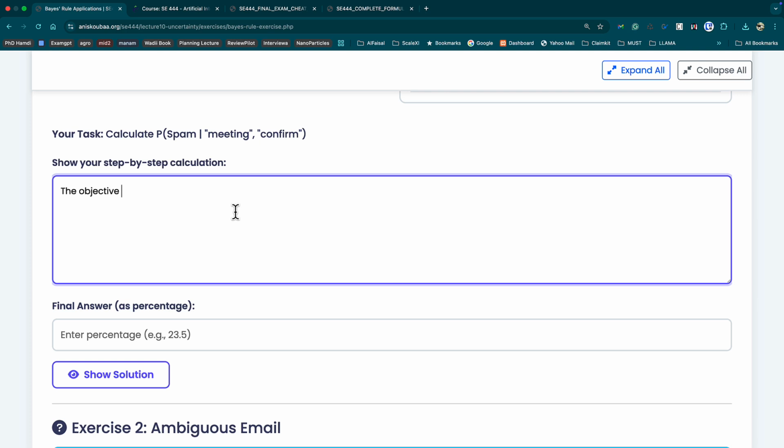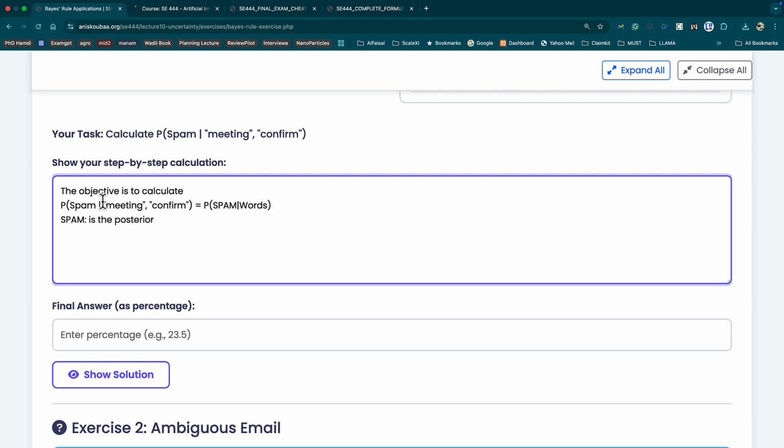So now the objective is to calculate what? This one. This is how we reason about the problem: the probability of spam given that we have observed the words. Spam is the posterior, and I want you to understand this word.